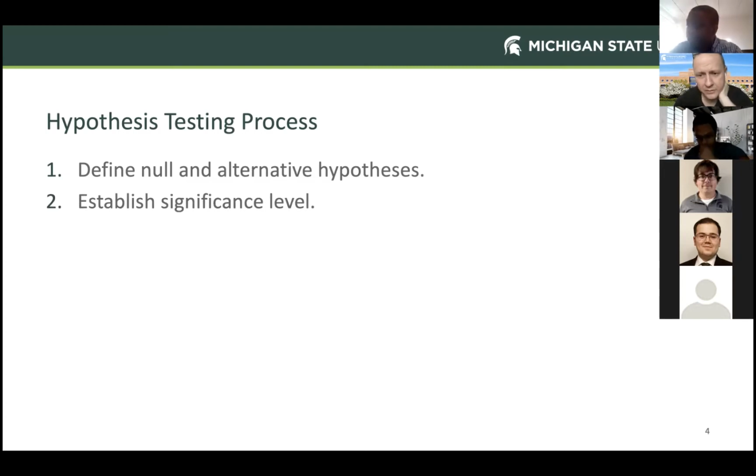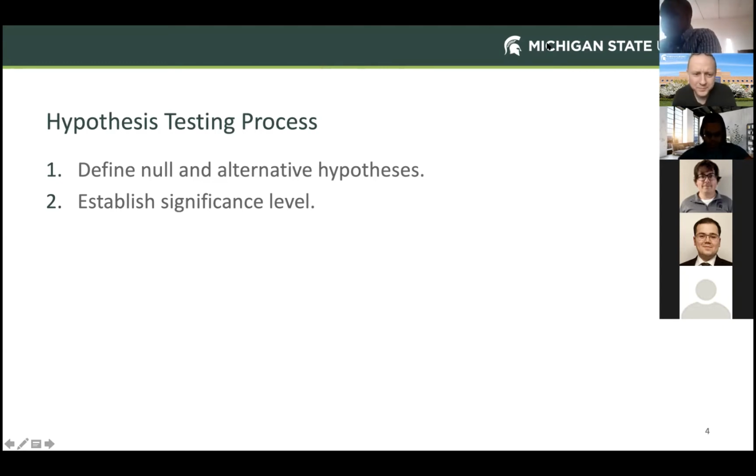Typically we've talked about 0.05 being a common value there. And so when we talk about significance level, does anybody recall what that term means? Can somebody give me a nice quick definition? So our significance level is our probability of doing something.